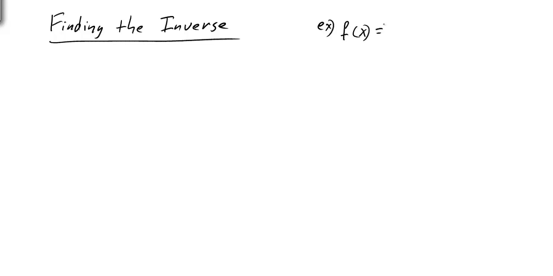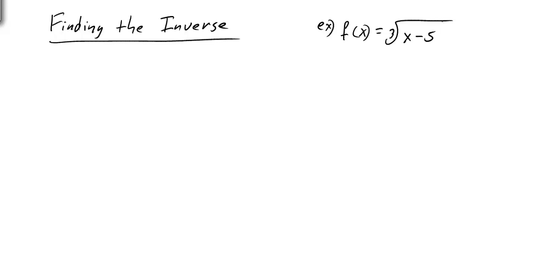And finding the inverse is going to be relatively straightforward as far as the steps. Sometimes it's a little complicated algebraically, but if we want to find the inverse of a function, let's look at the example here. Let's say that we have the function f of x equals the cube root of x minus 5.